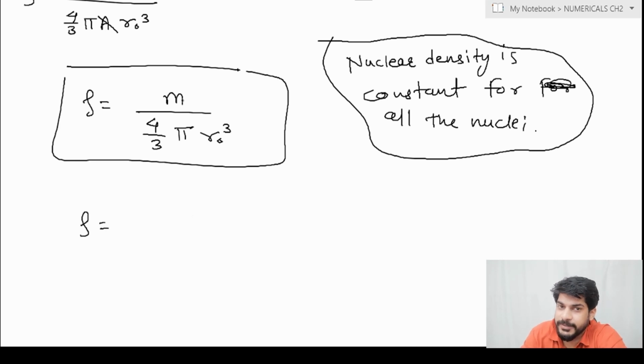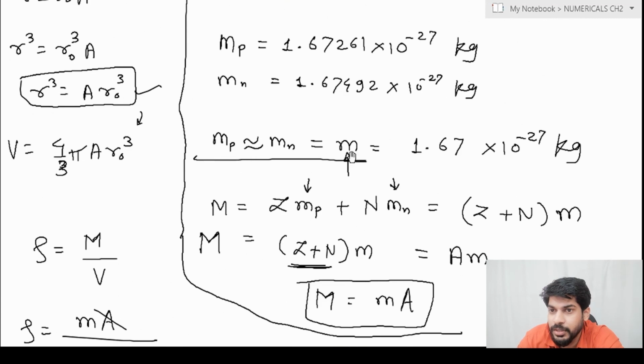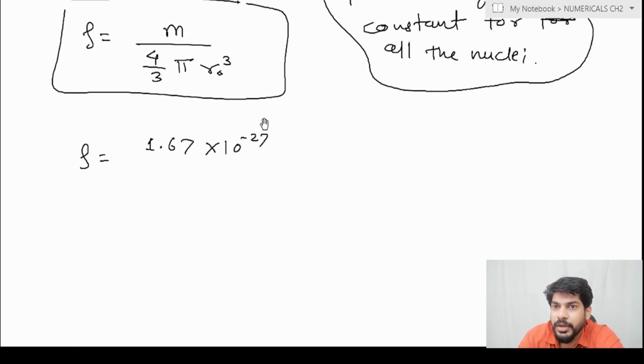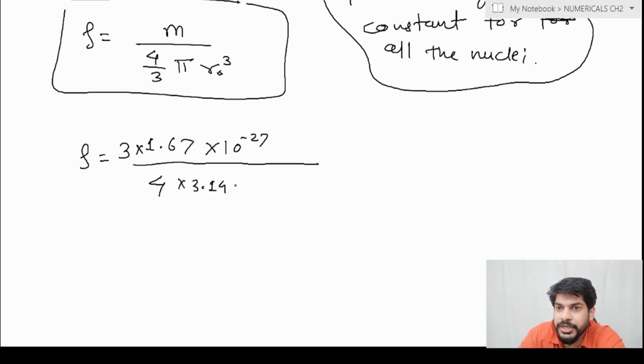So mass, what is mass? It is 1.67 into 10 raised to minus 27. We have just seen this. Here it is. This is 1.67, isn't it? Divided by 4 by 3, 4 by 3 will be written here, right? Into 3.14 into R naught.